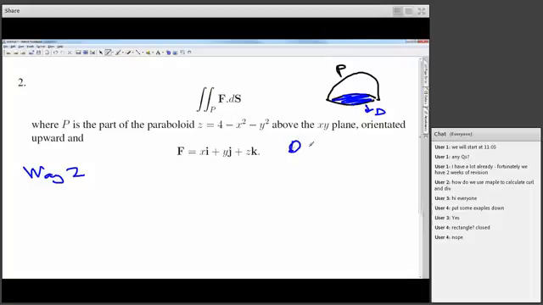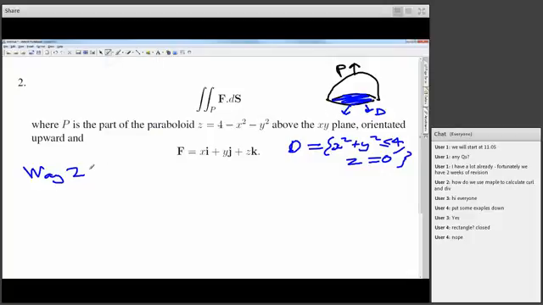So D here is x squared plus y squared less than or equal to 4. But because we're thinking of it being in 3D, we also think about the z component, so z equals 0. Now, if we orientate things carefully, always orientating it outward facing, then we can apply the divergence theorem.